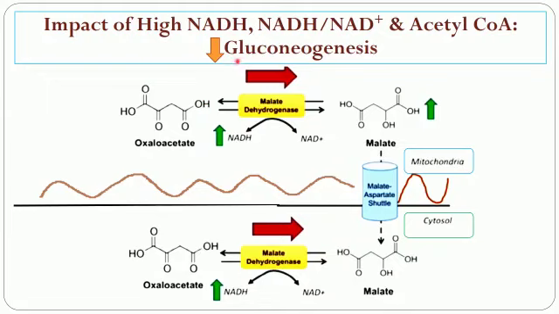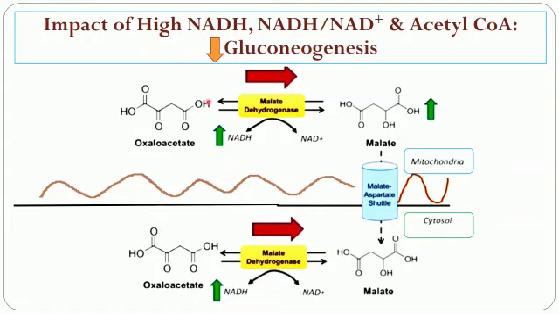The next metabolic pathway is gluconeogenesis. Now we know that in gluconeogenesis oxaloacetate is converted to malate in the mitochondria, and then this malate has to reach the cytosol through the malate aspartate shuttle because oxaloacetate cannot move out, and this malate is then converted to oxaloacetate.